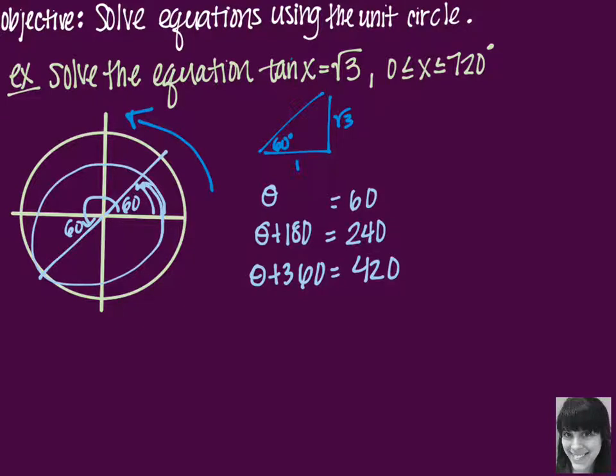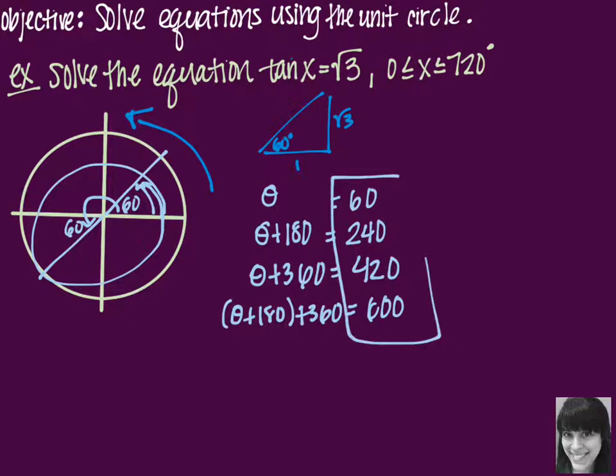And then you want to take the second one, which was theta plus 180, and you add 360 to that one as well, and you get 600. So these are the answers to the problem tangent of x equals square root of 3 when x is in between 0 and 720.